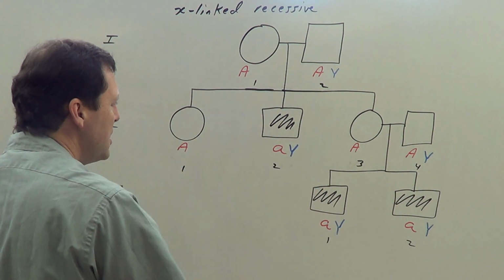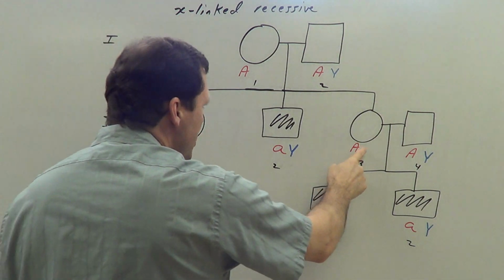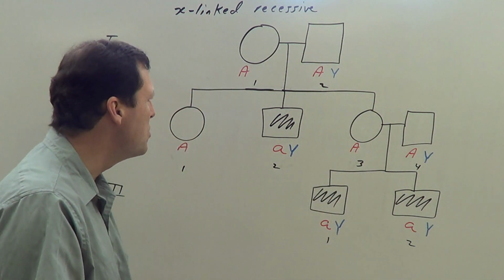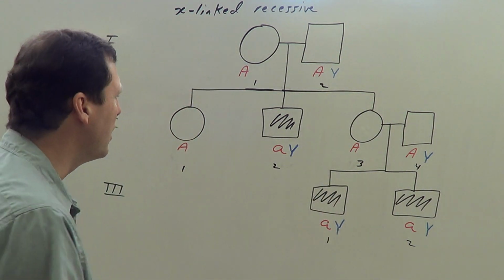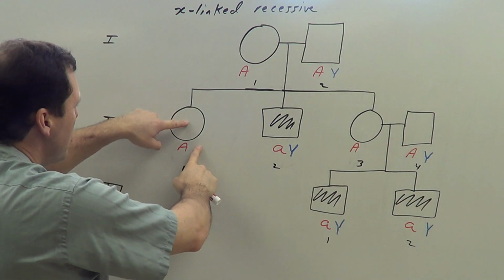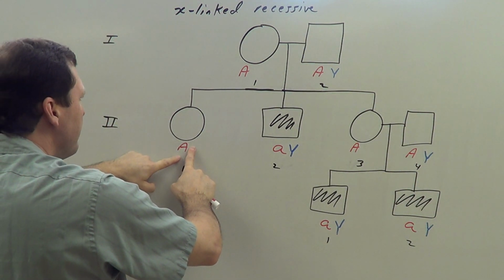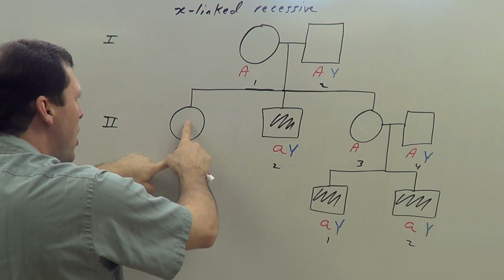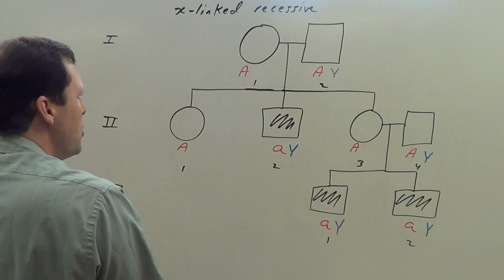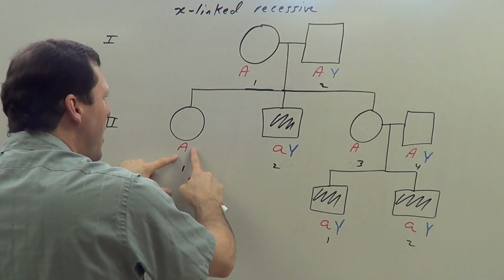Now comes time for the detective work. We have to figure out the second letter for each of these individuals. It doesn't matter where we begin, so let's start here. We're going to take a look at this person's parents. Here's a capital A. This is a daughter, and dad cannot donate a Y to his daughter.